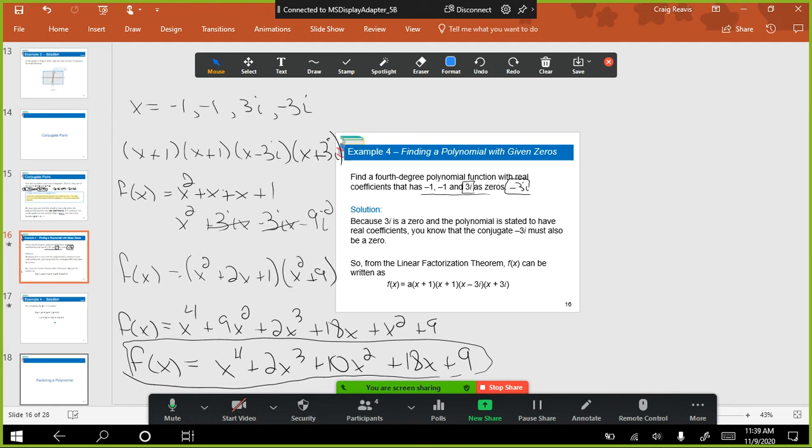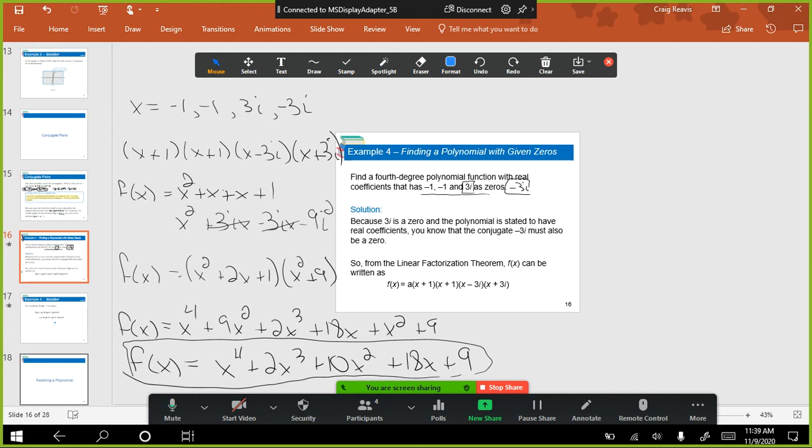Then what you do is multiply those all back together. The i's are going to disappear, right? Because it says it comes from real number coefficients. And then you just got to do the distribution, distributing correctly and simplifying, combining like terms correctly.